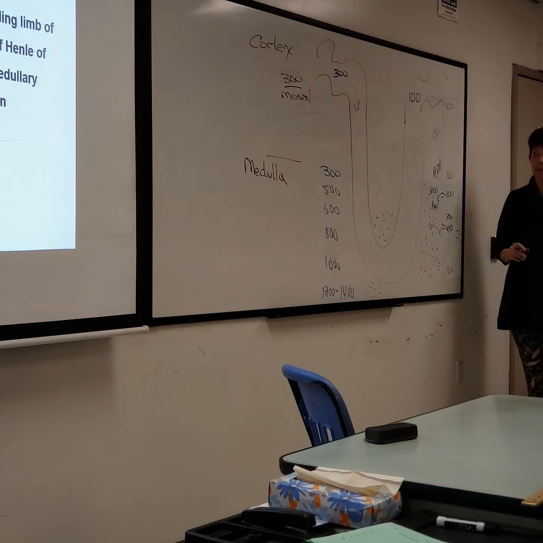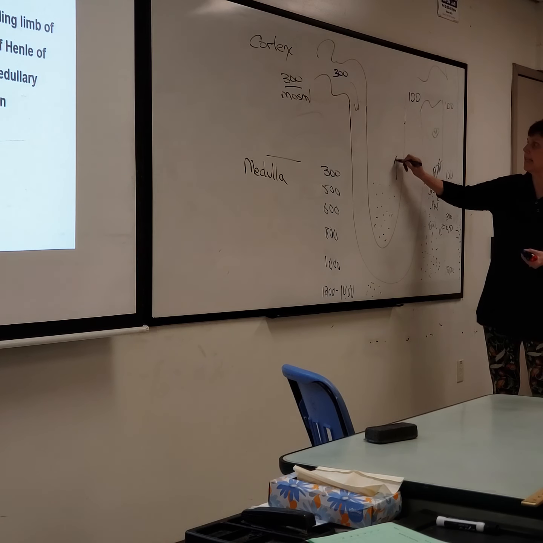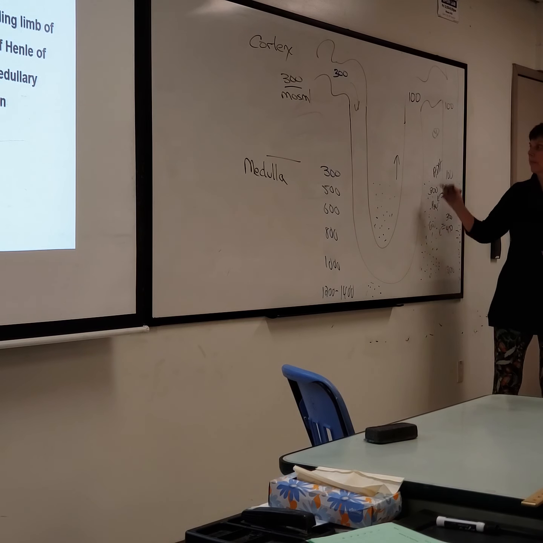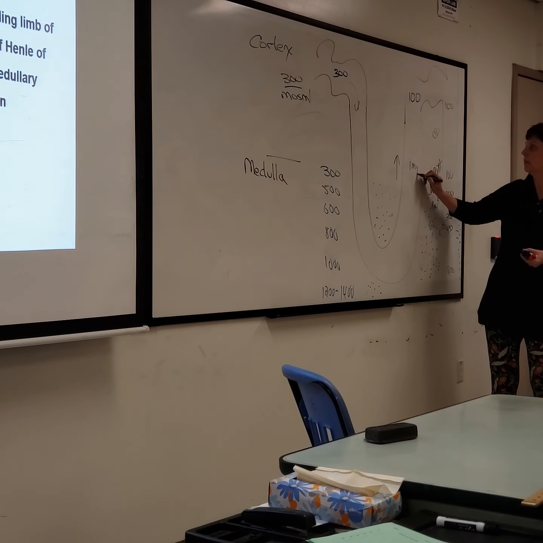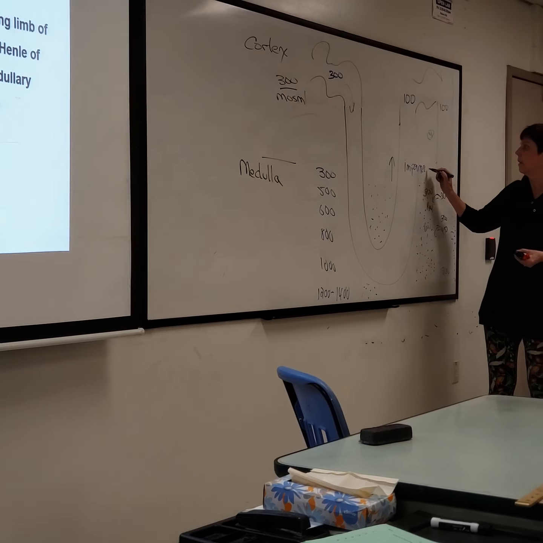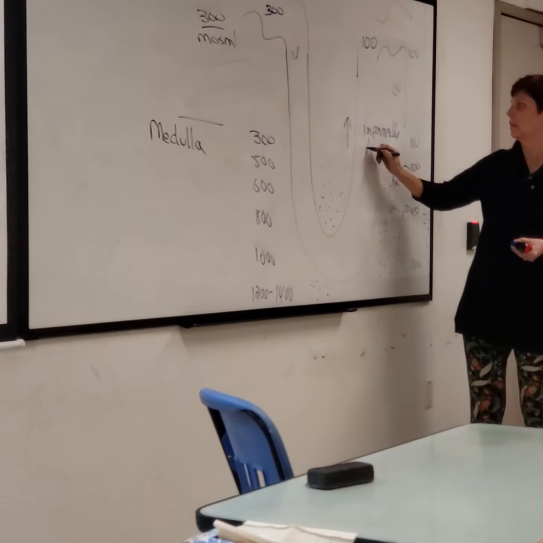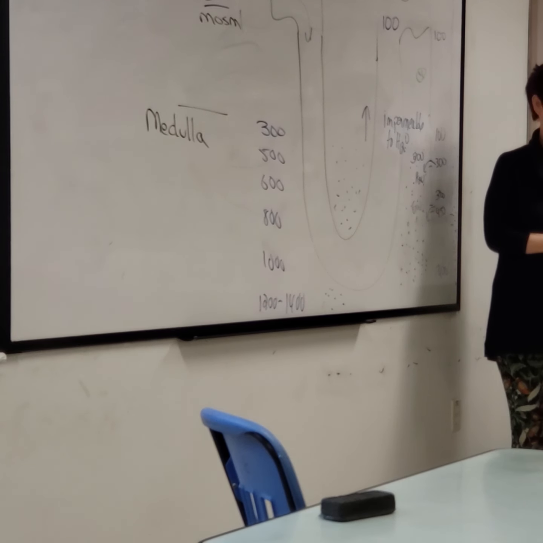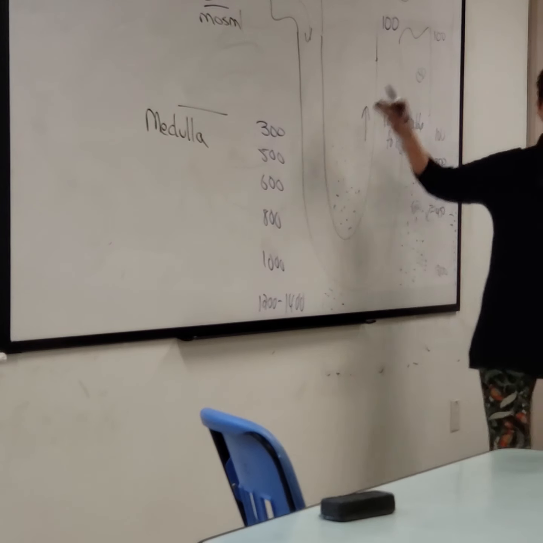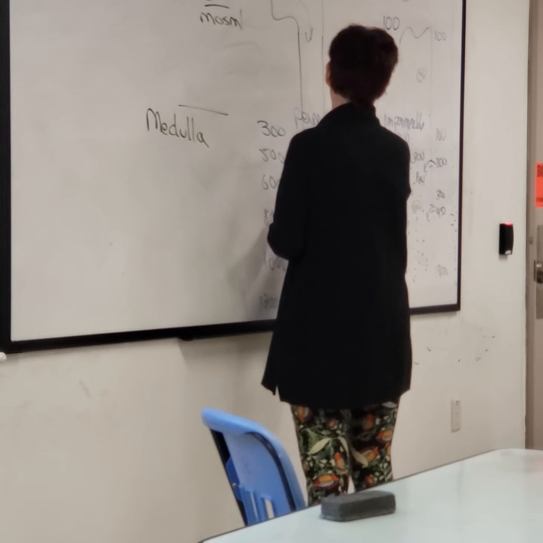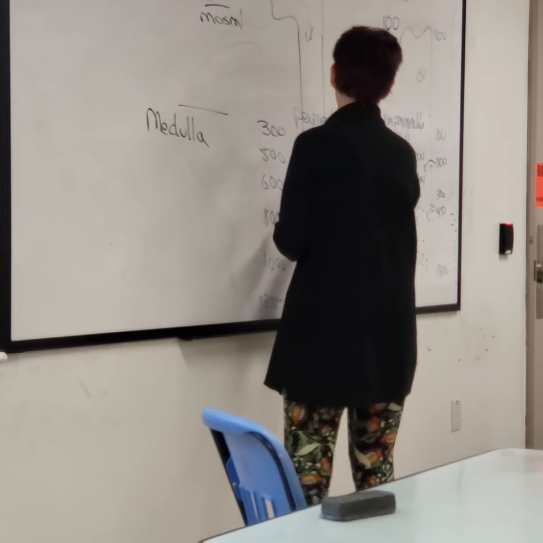Couple of things to remember. In the ascending limb of the nephron loop, this is impermeable to water. All right? The descending limb of the nephron loop is permeable to water.